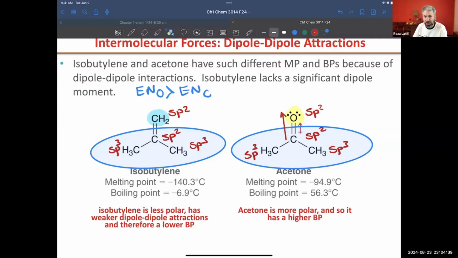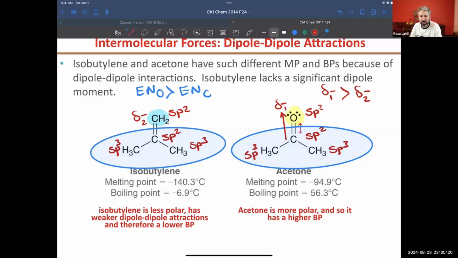That means the negative charge on oxygen will be more significant than this negative charge. Let's call this one 1 and that one 2. So delta minus 1 is way bigger than delta minus 2. The output is that the molecule on the right side, acetone, will have a higher attraction force, or intermolecular force.